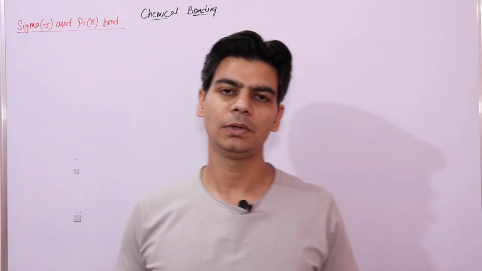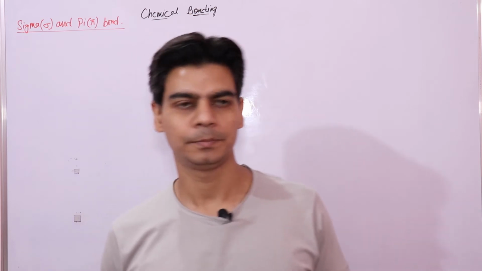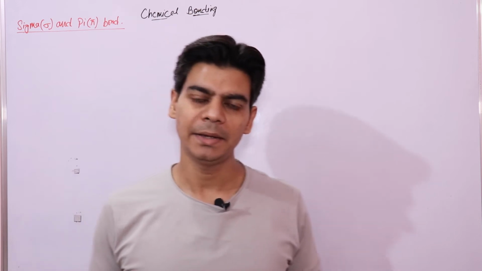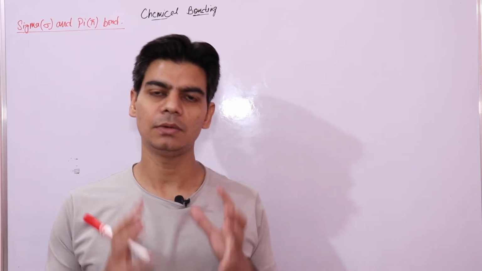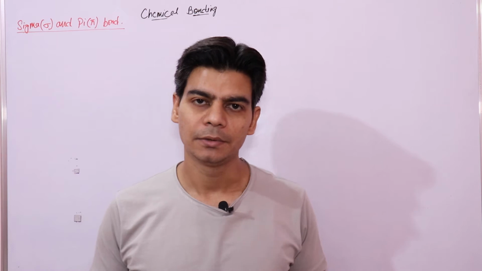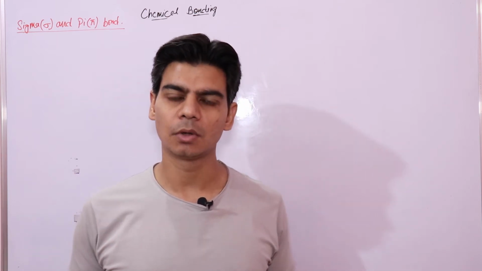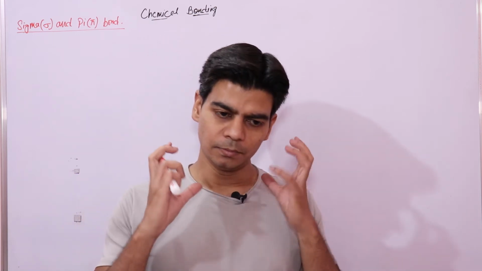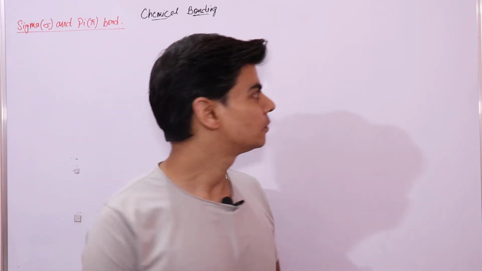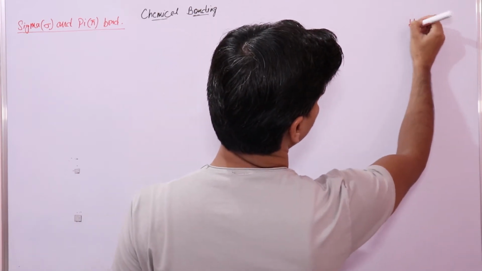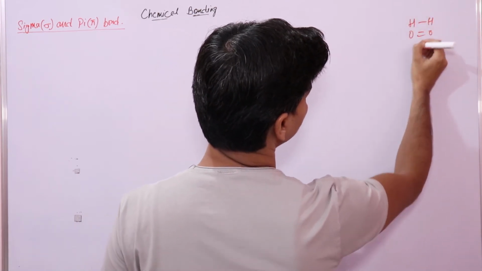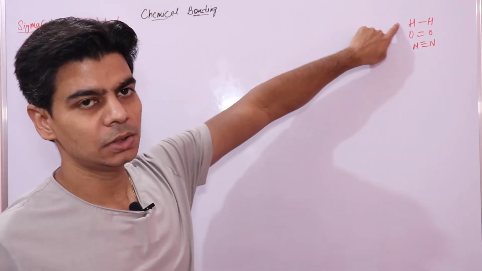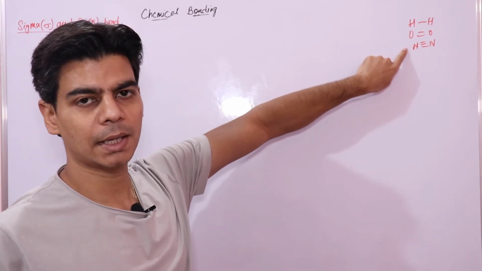Now in this video lecture we will go through sigma bond and pi bond. Whenever we talk about a covalent molecule, for example oxygen molecule, hydrogen molecule, or nitrogen molecule, in the first molecule you have a single bond, a double bond and a triple bond.